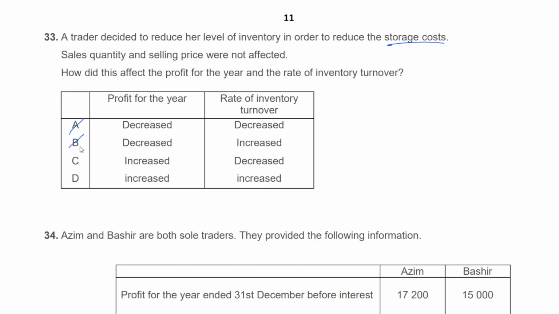What about the rate of inventory turnover? Goods are moving faster, so it's going to increase because goods are being sold now. If you think about the ratio, it's cost of sale over average inventory, and her average inventory is going down, and cost of sale is constant. The denominator is going down, so the overall answer is going to increase, right? You can think about that.